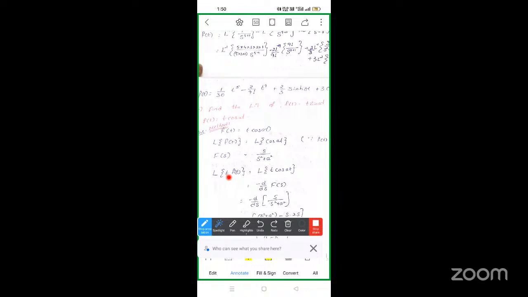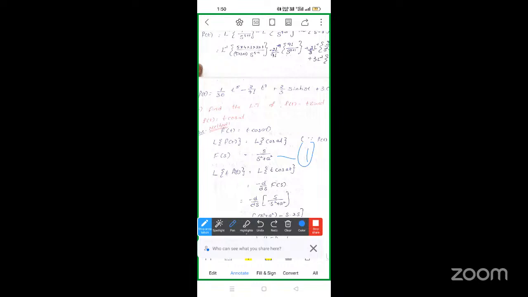But f of s is nothing but L of t into f of t, which is L of t into cos at. So this is nothing but multiplication by t in Laplace transform. The multiplication by t formula is minus d by ds of f of s. Here f of s is nothing but, from equation 1, s by s square plus a square.